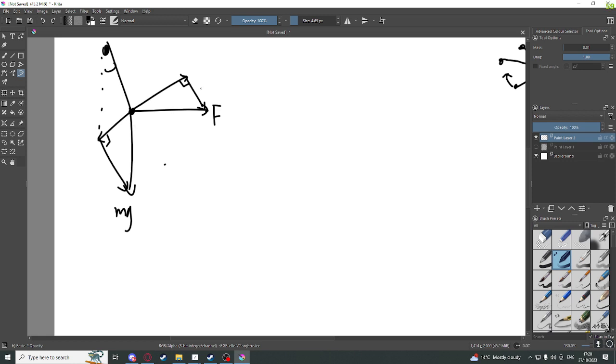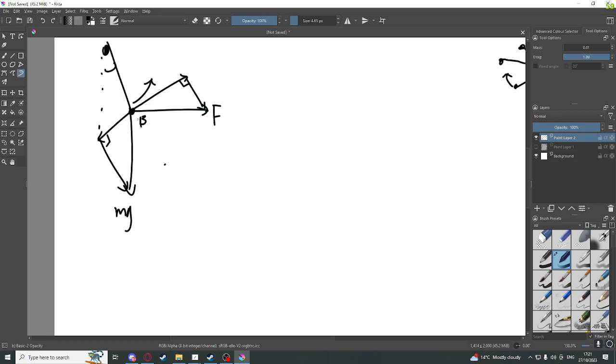But we know that the force is going to be repulsive, and so it should move upwards like this. So this particle B is going to be rotating counterclockwise. So I know that the tangential component of F is bigger than mg.